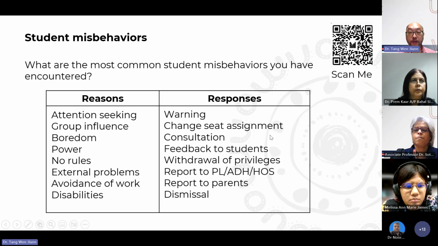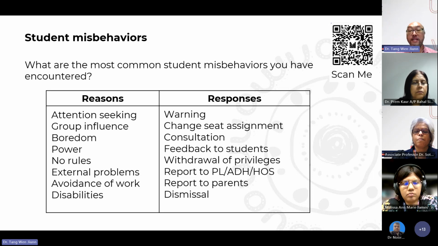An example of withdrawal of privilege would be, let's say they're supposed to wear shoes in the lab. They need to go into the lab to complete certain things, and the rule is they have to wear shoes.